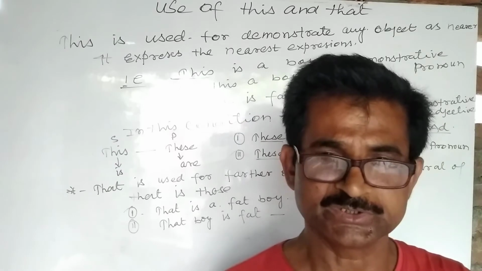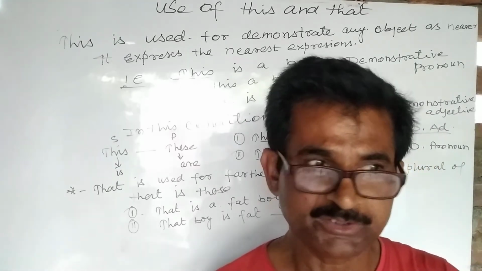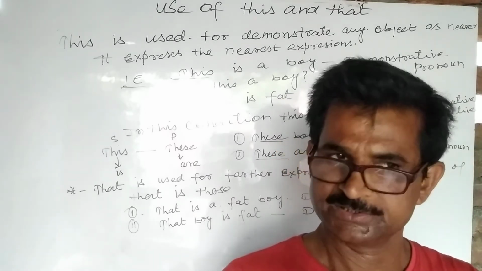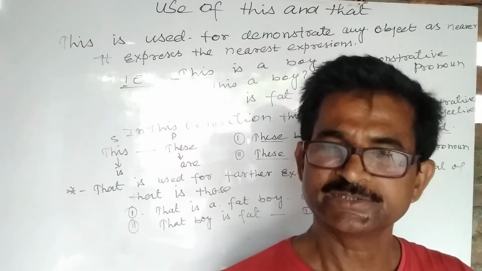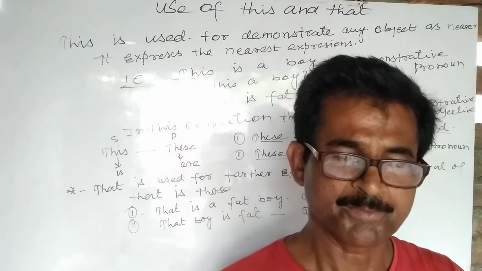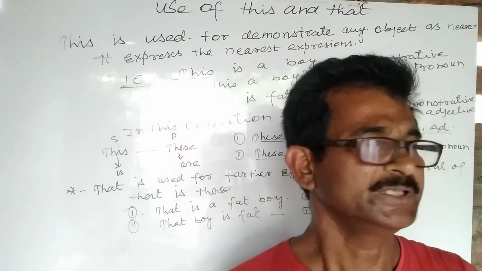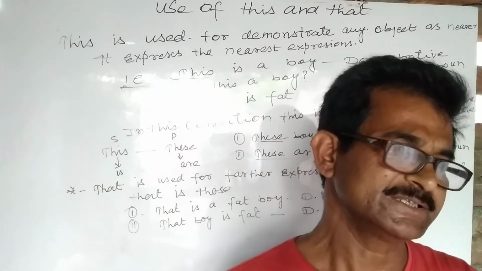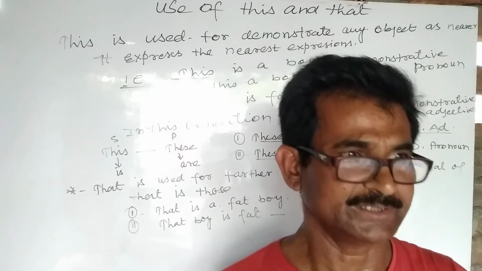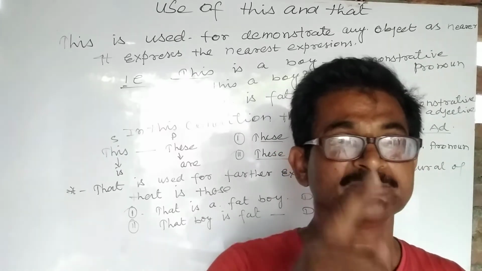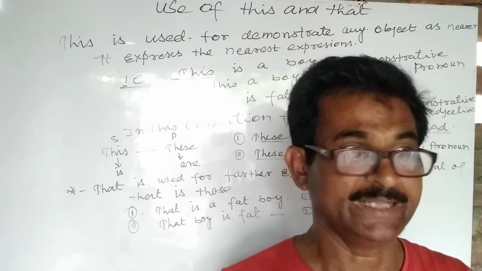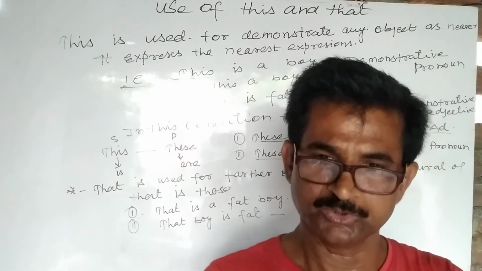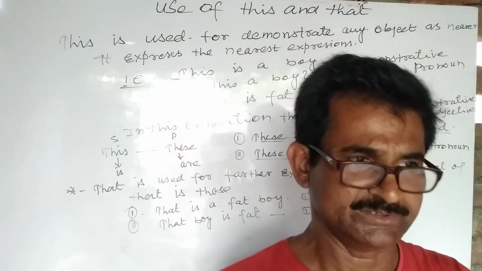If you use this or that as a demonstrative pronoun, easily you can say this is a boy, this is a girl, this is a student. But if you use it as a demonstrative adjective, you can say this boy is here. That boy is there. And the plural of that is those and the plural of this is these.